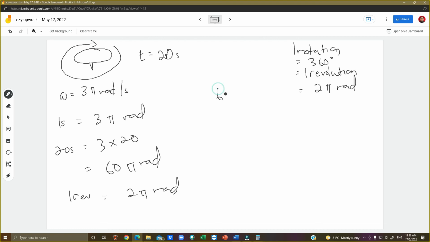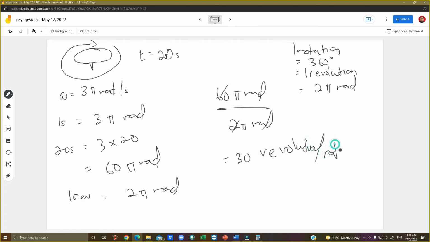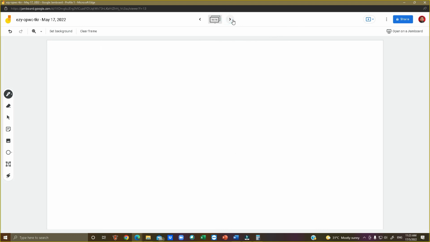So 60 pi radian divided by 2 pi radian, because 2 pi radian is 1 rotation. So kalau 60 pi radian, kita akan end up dengan 30 revolutions ataupun 30 rotations. 30 kali gasing ni berpusing dalam masa 20 saat. Ni soalan senang. Saya jawab sendiri. Okay, soalan seterusnya.